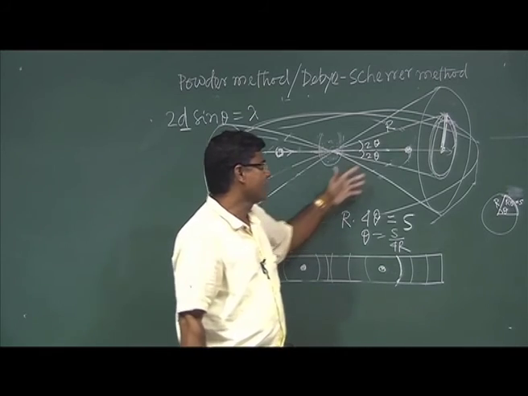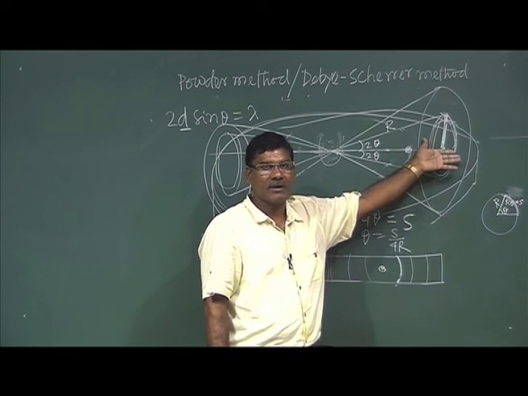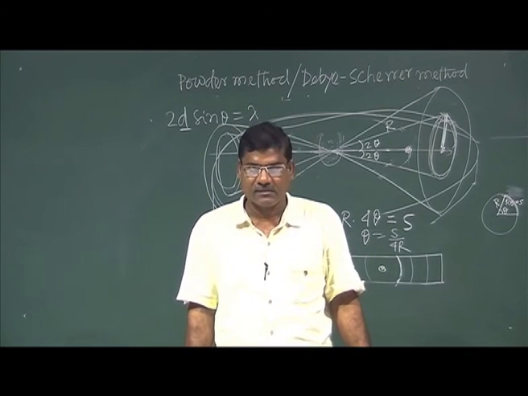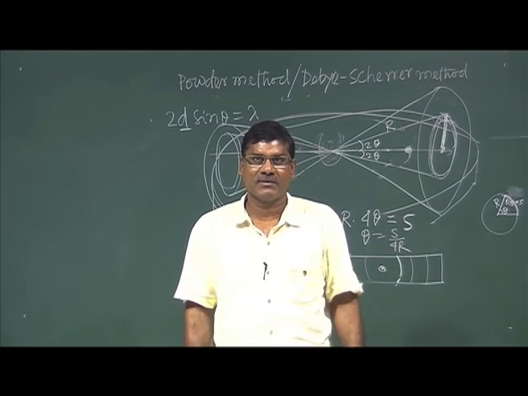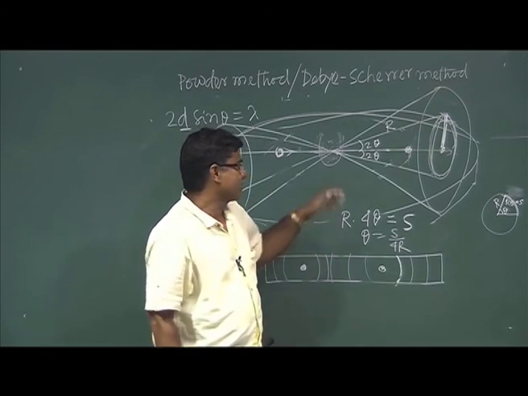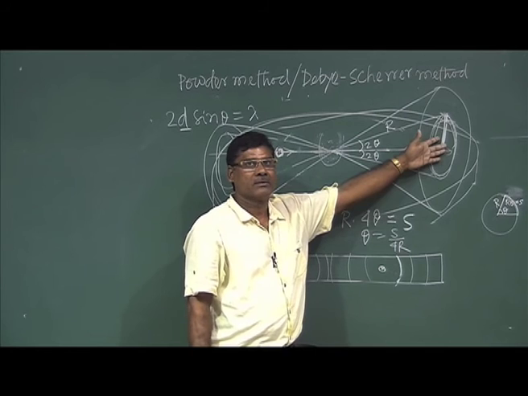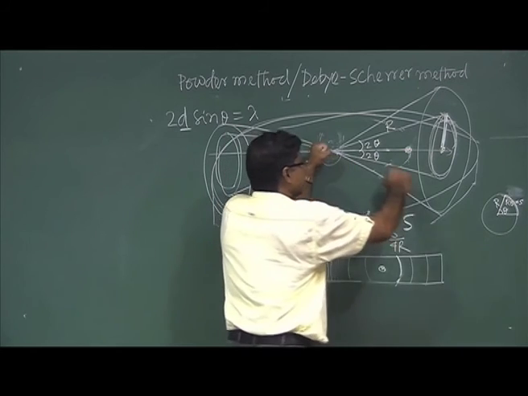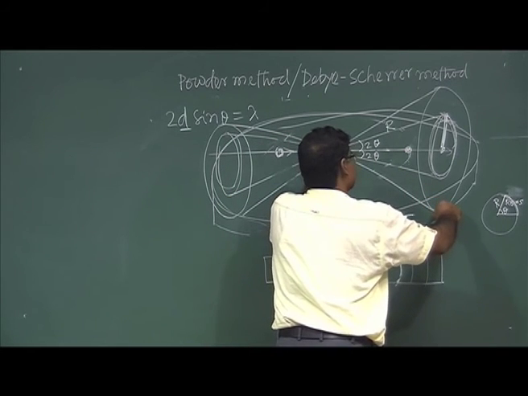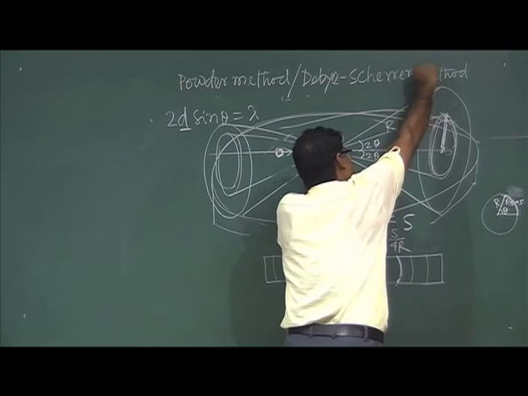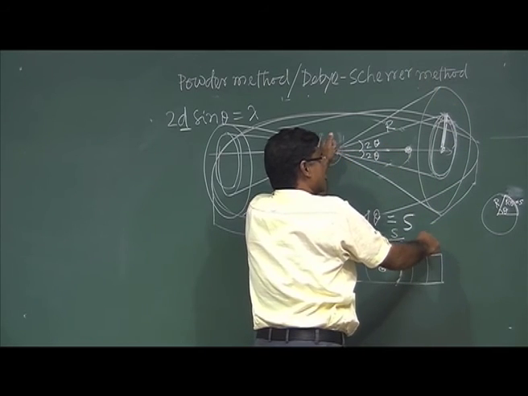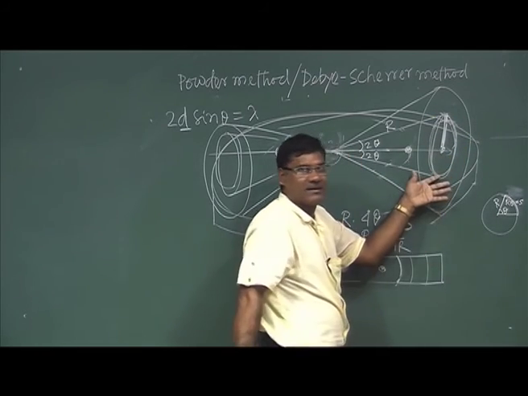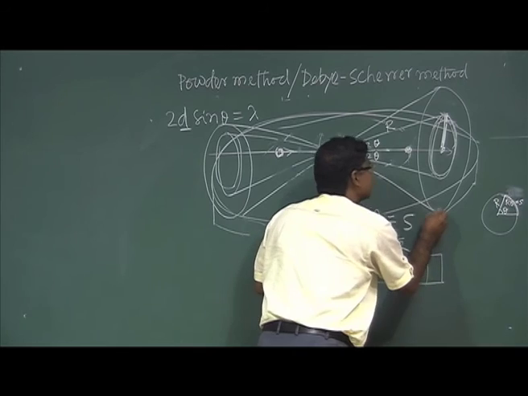Here I talked in terms of film, but nowadays film is not used. We use a different geometry, using a detector to detect the intensity. The detector is moved in this direction, so it will not see the intensity as on the circle.